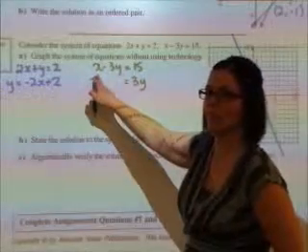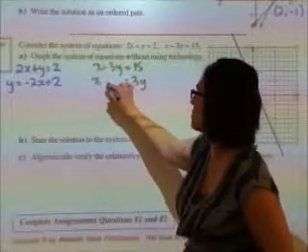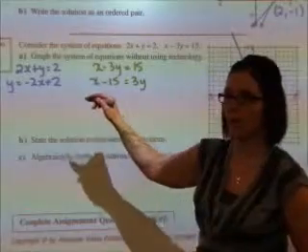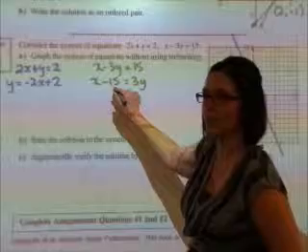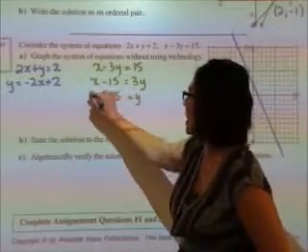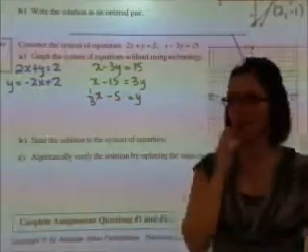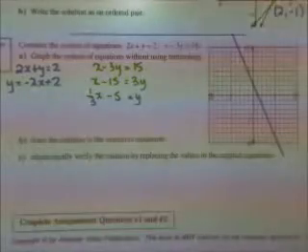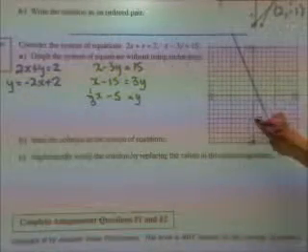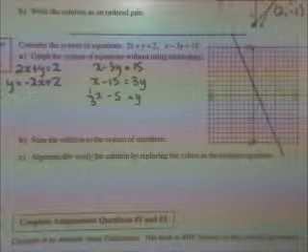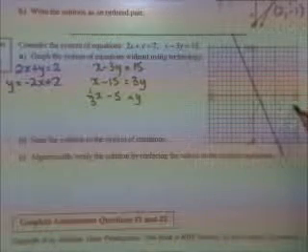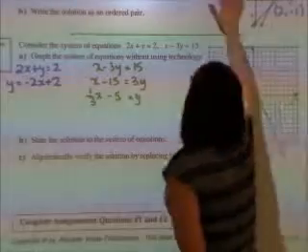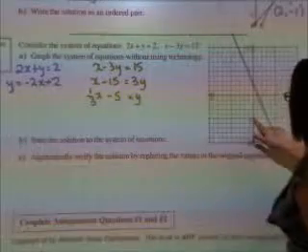And then I need to move the 15 over here, and divide everything by 3. So 15 divided by 3 is 5, and then I get 1/3 x. So then my y-intercept is going to be at -5, and my slope is positive 1/3. So it's up 1 and over 3. So now I have points to join together.